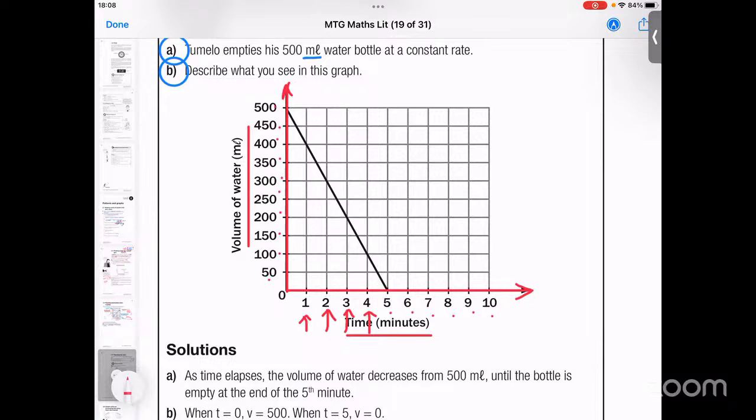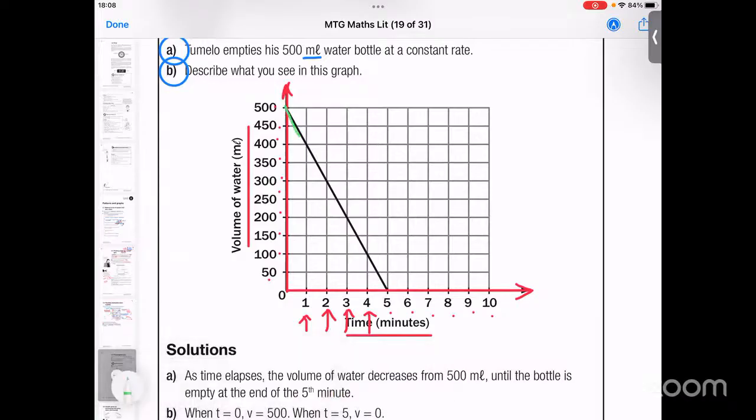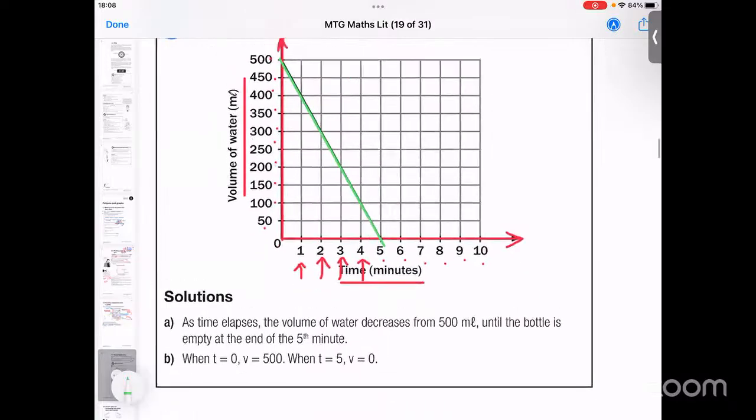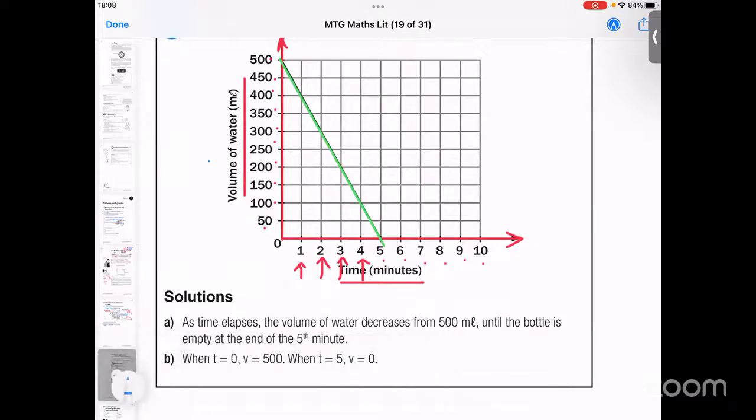And then the graph. When we talk about the graph, we are talking about this. You see that it starts from 500 and ends there at 5. That is the graph. So now the question says describe what you see in the graph. That is what you need to comment on, referencing those two things, because the graph is about those two things.